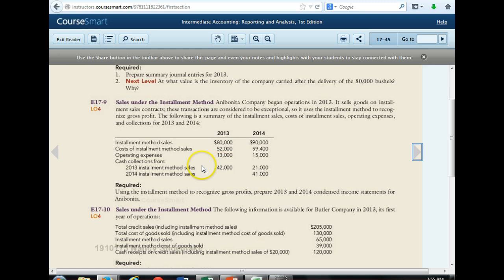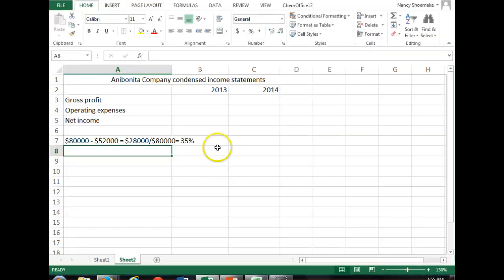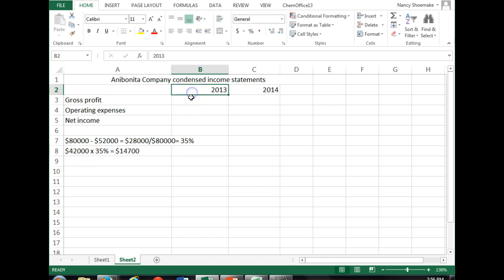Okay? And then it said the collections were how much? The collections were 42,000. How much of that's going to be income? 42,000 times 35% is equal to what? 14,700, right?